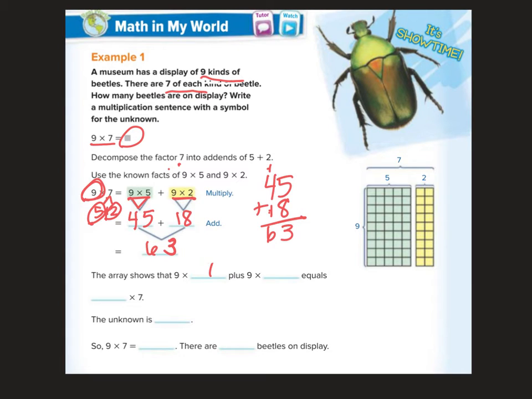Why do they have to make this complicated? 9 times 5 plus 9 times 2 equals 9 times 7, or 63. 9 times 7 is 63. There are 63 beetles on display.